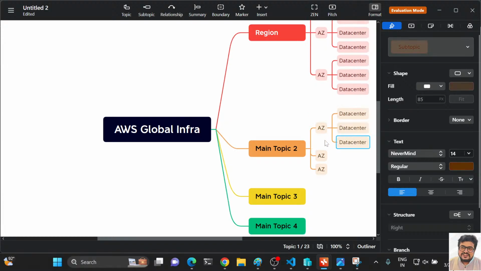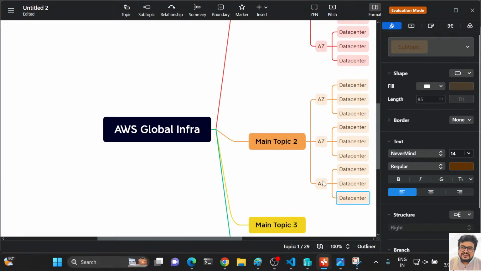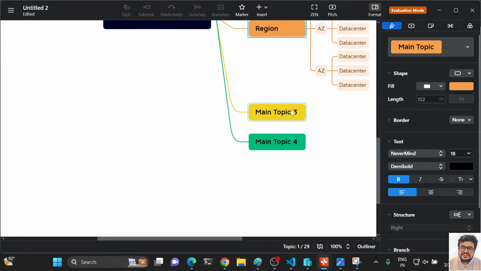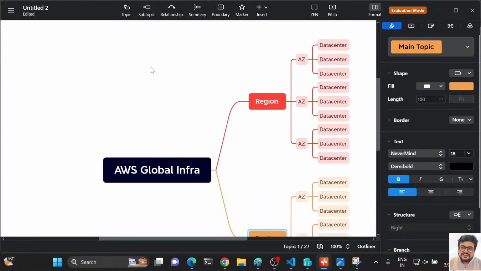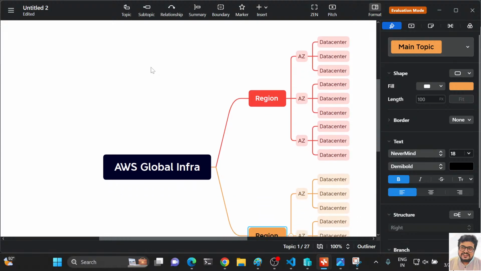Is it looking similar? Azure has 2 types, whereas AWS has only 1 type. Every region has zones.